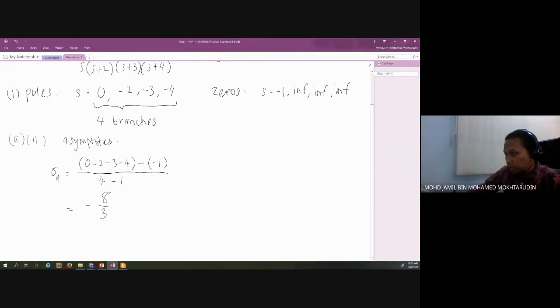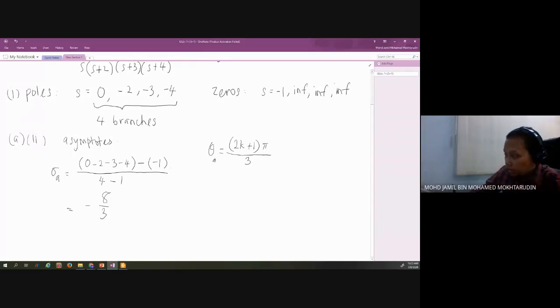And then you determine the angle of asymptote. The formula is 2k plus 1 times pi divided by number of poles minus number of zeros, which equals 3. Then you determine for each k, starting from k equals 0, until you get theta bigger than 2 pi.